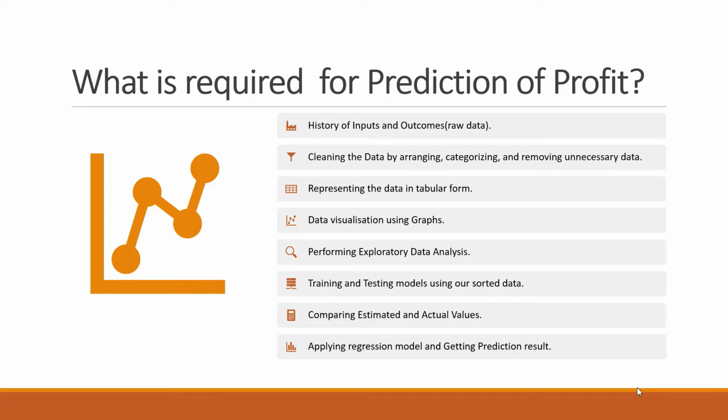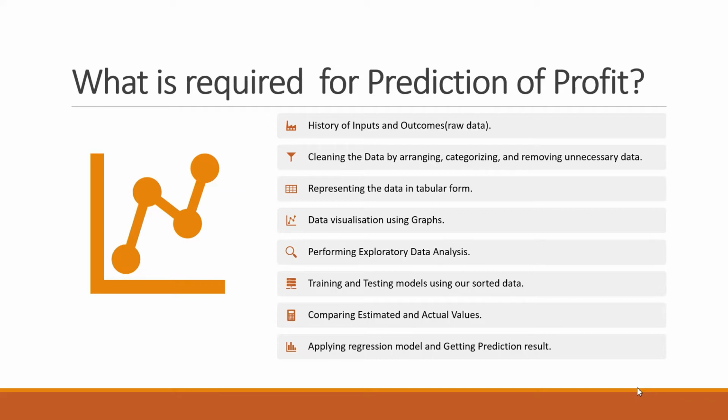That means raw data. Firstly, we collect raw data and then we clean it by arranging the data, categorizing it and removing unnecessary data. After that, the next step is representing the data in tabular form, in the form of attributes and rows, so that we can see the data step by step.